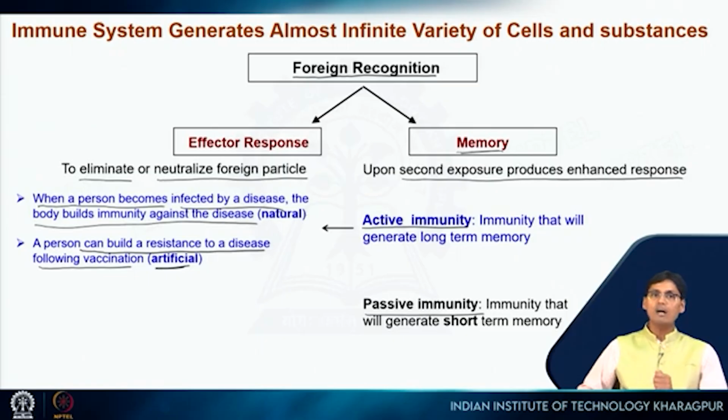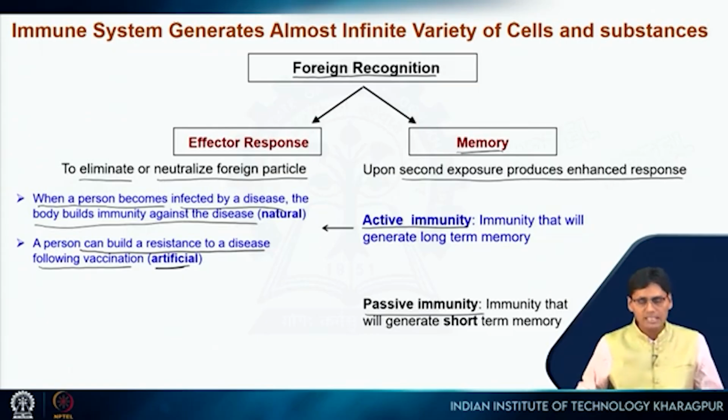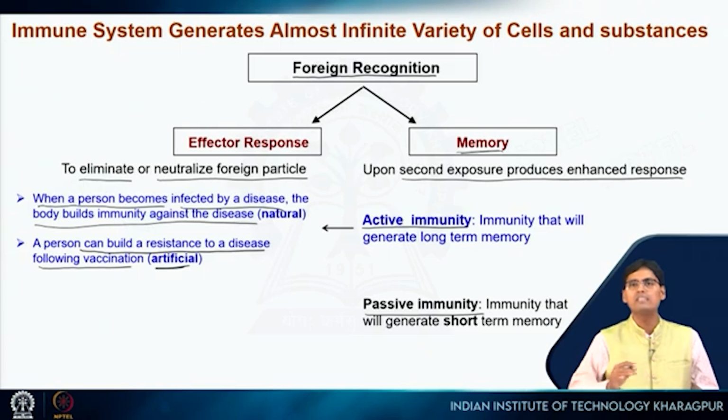This is called artificial active immunity. The memory is formed because of the vaccination. And now there are many vaccines available, some mandatory in different countries. In India also, for kids, there are different types of vaccines available.